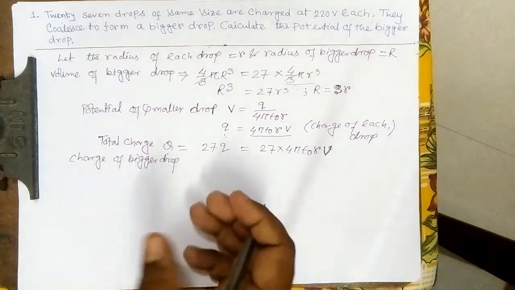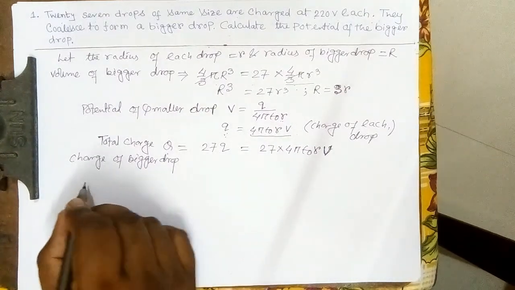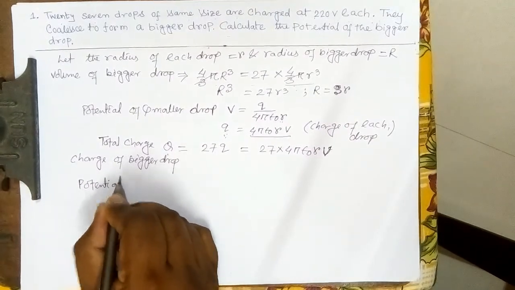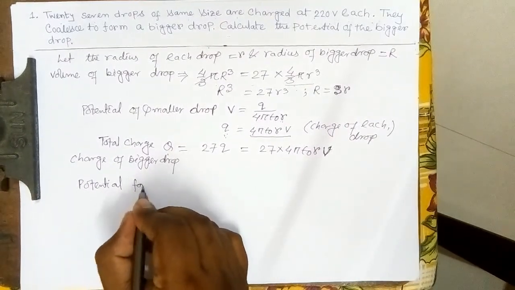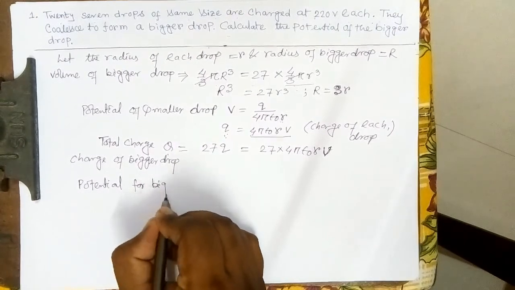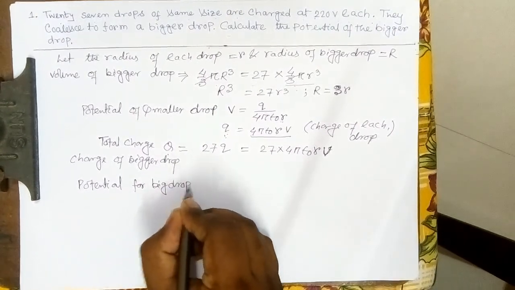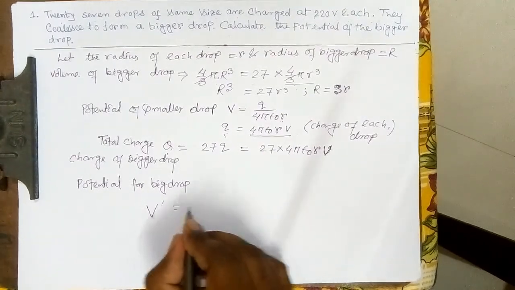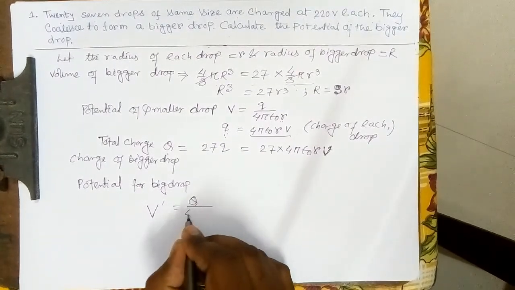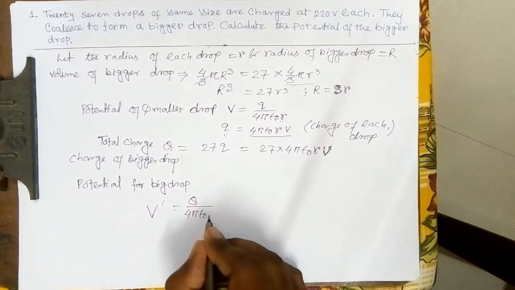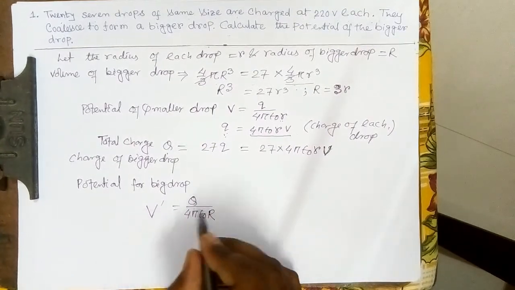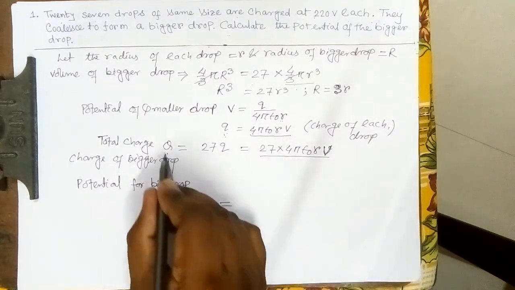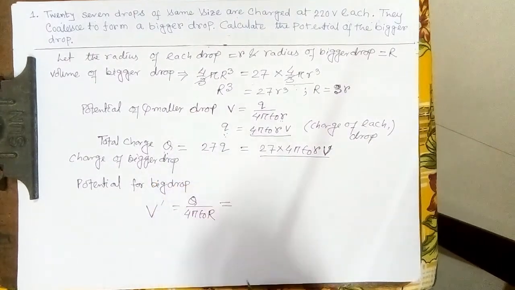Now we go for the next part, the potential of the big drop. Assume we call it V dash. So that should be capital Q by 4 pi epsilon naught capital R. Capital Q means how much? Capital Q is 27 into small q.